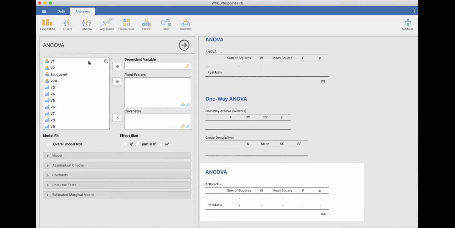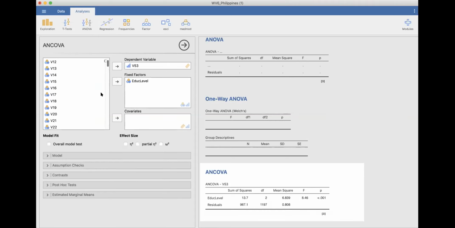One last. Okay, I'll just show you. Let's use the same variables. Education level, and our dependent variable is still the belief. But this time, we will use age as a covariate.